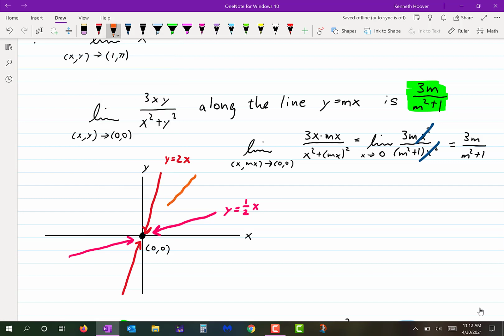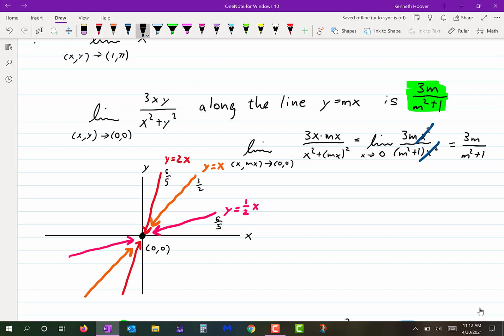Let's approach along the line y equals x. Then what would this equal? In other words, m is 1. So in that case, wouldn't we get 3/2? Ah, interesting, isn't it? The limit along this line is 6/5, the limit along this line is 6/5, but the limit along this line ends up just being 3/2.